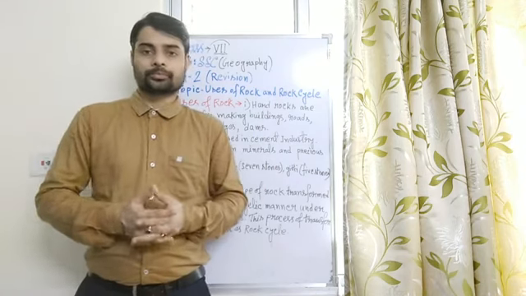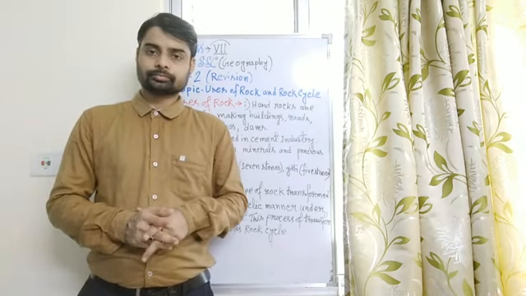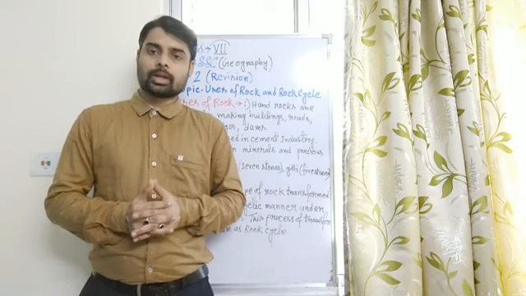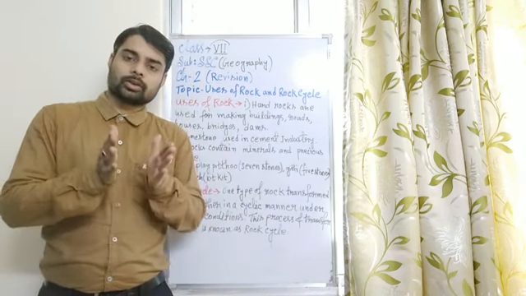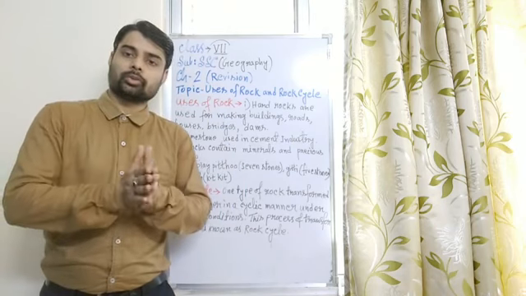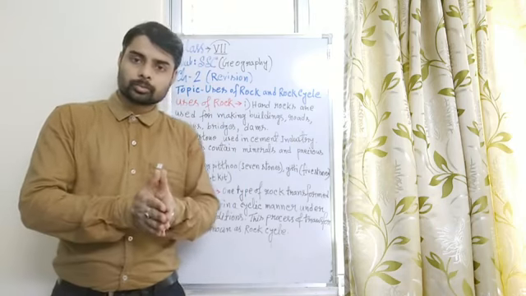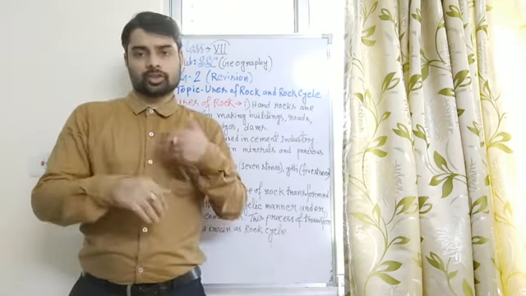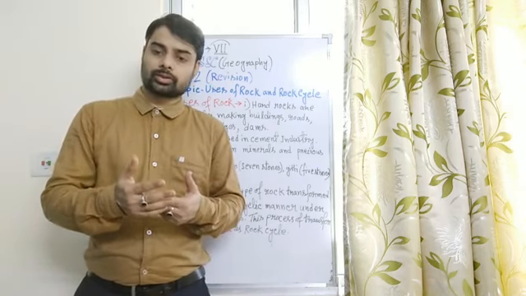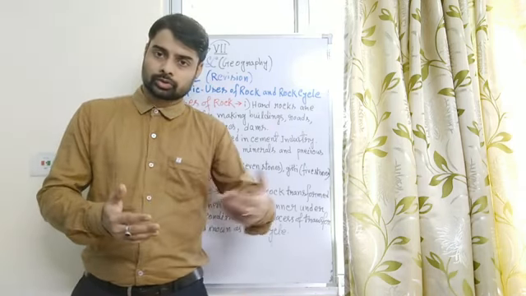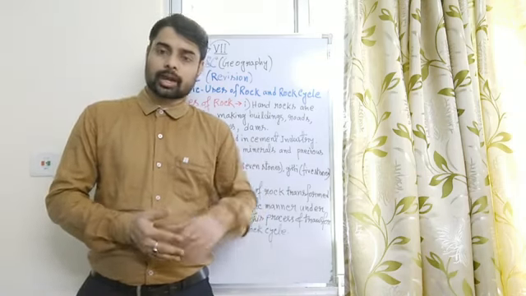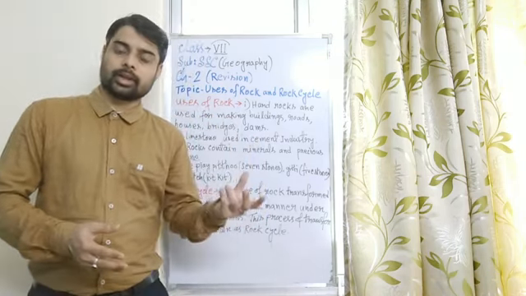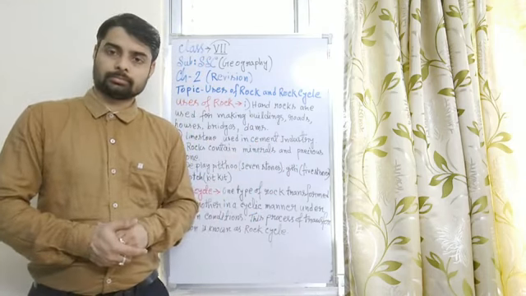It is the metamorphic rock. In this process of metamorphic rock, you know that huge pressure and heat change the chemical components of those sedimentary and igneous rocks, and they turn into metamorphic rock.